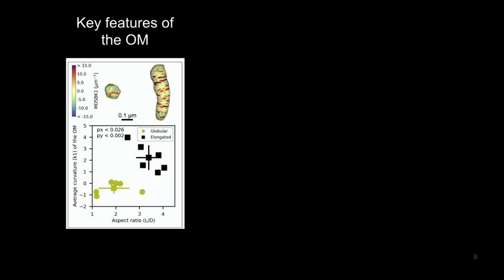So what we decided to do was to use new tools from differential geometry to characterize the morphology. We compute something that is called the curvature, the first principal curvature, and we were able to distinguish between these two groups that we call globular and elongated using machine learning techniques.